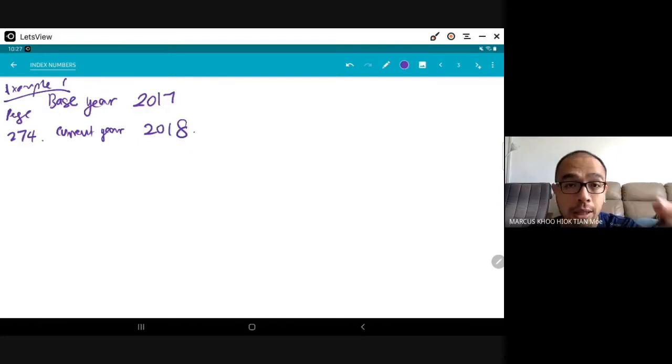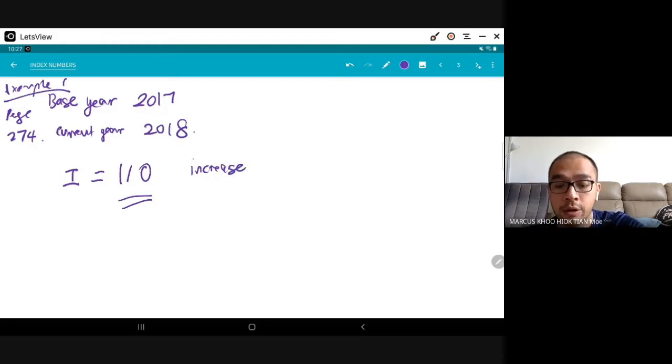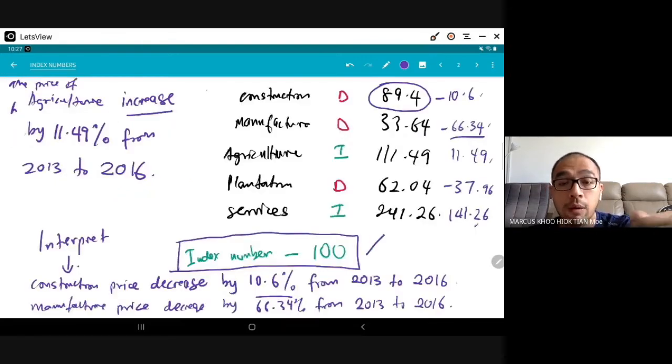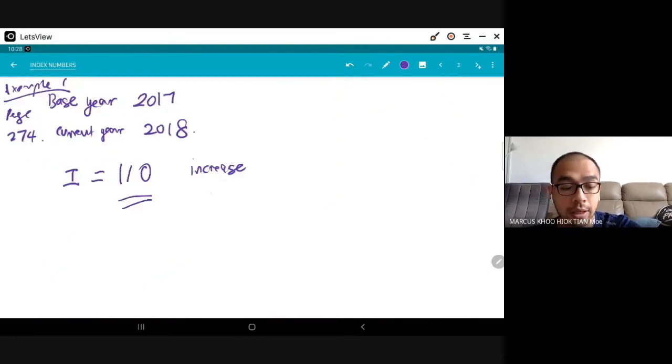So they calculate, and they find that the index number is 110. So what does 110 mean? You must interpret. 110 means an increase by how many percent? You minus 100, so it increased by 10%.